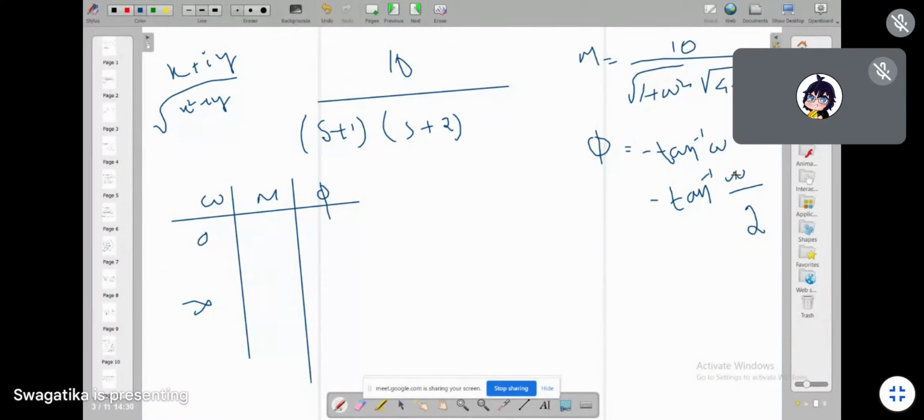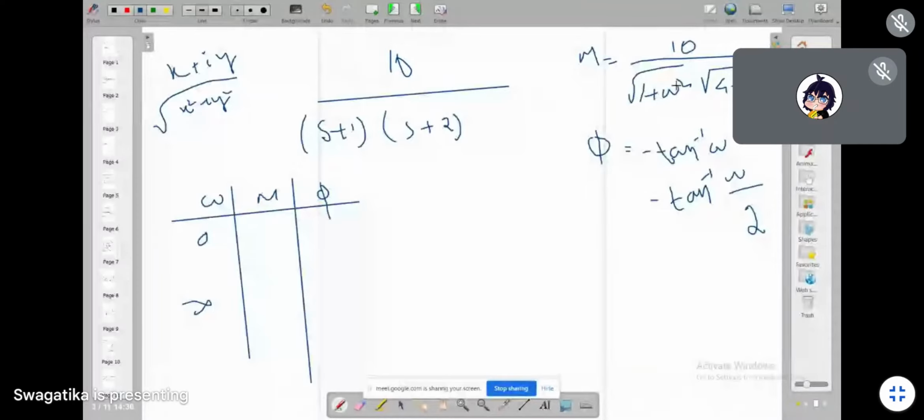Search for the magnitude of a complex number. It is x square plus y square root over. Now tell me, put omega equals to 0 here, in the magnitude. So this will be 0, omega square here also 0.